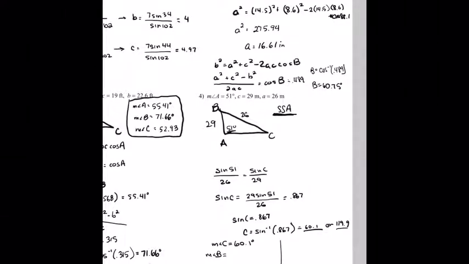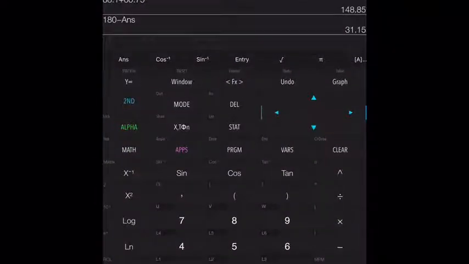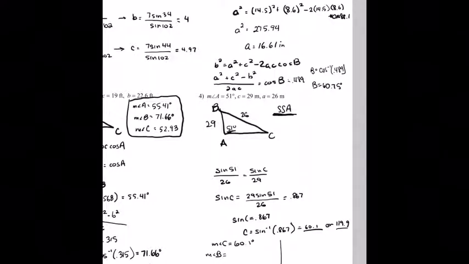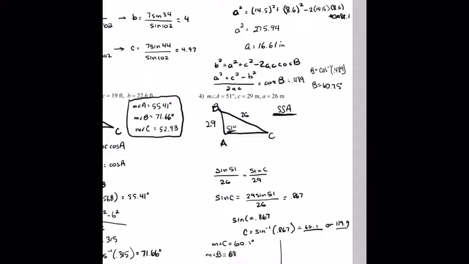So measure of angle B would be 60.1 plus 51. 60.1 plus 51 is 111. If we take that from 180, we get 68.9. So then measure of angle B could be 68.9.